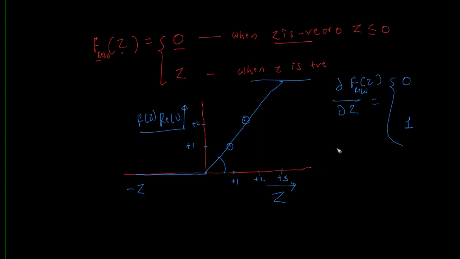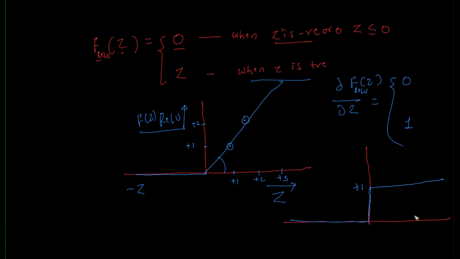So if I plot the derivative graph, it will look like this. The derivative for positive z will be 1, like this, and the derivative for negative z will be 0, like this.